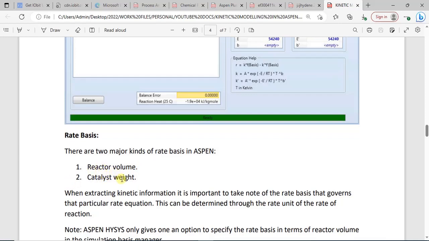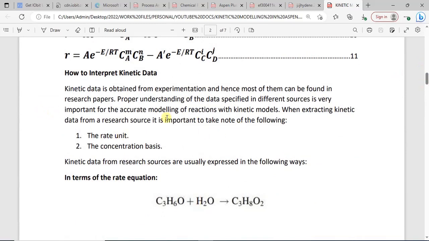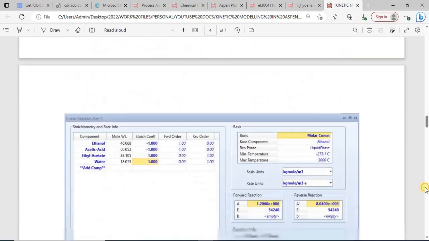Most of the time when you are extracting kinetic data from research papers, they would either be in terms of reactor volume or catalyst weight. So that was why I gave that rule initially. I said you have to take note of the rate unit and the concentration basis. So the rate unit is based on the rate basis.